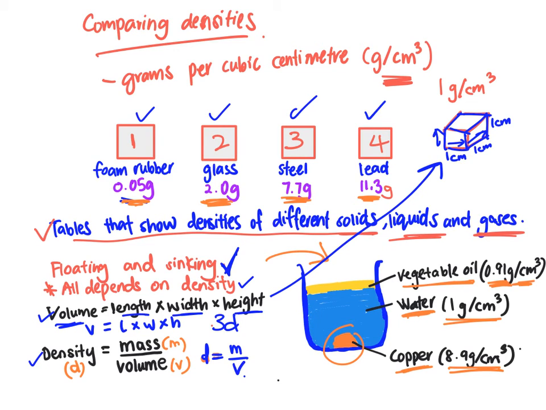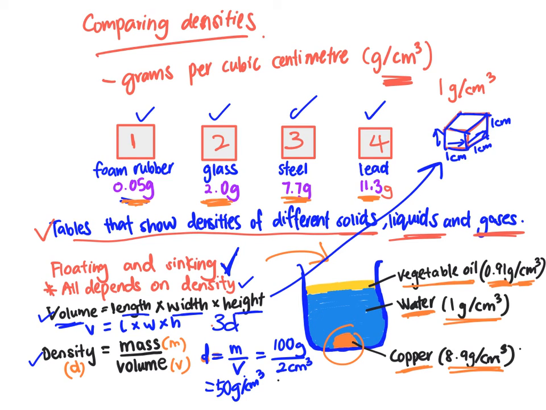For example, let's say a thing weighs 100 gram and has a volume of 2 cubic centimeters. What would be its density? You simply divide 100 by 2, which leaves you with 50 gram per cubic centimeter.